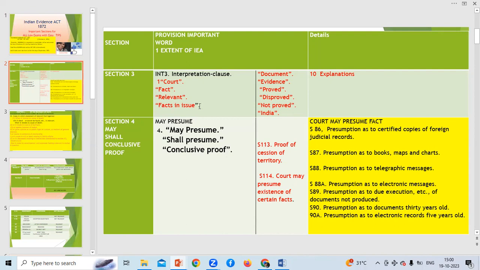Section 3 applies to all the 167 sections, wherever these terms are mentioned; there are 10 explanations in section 3.